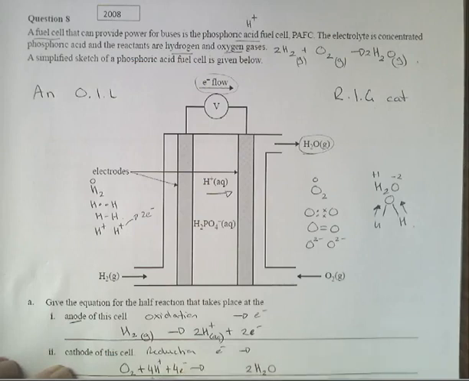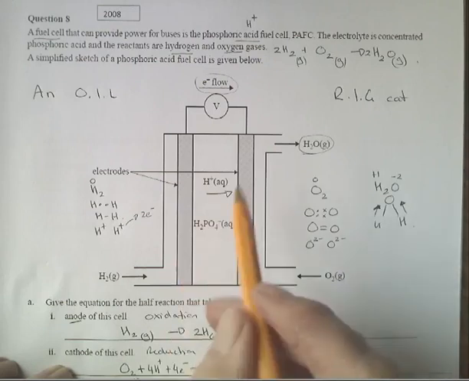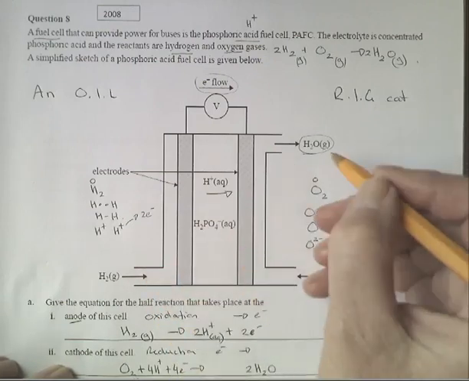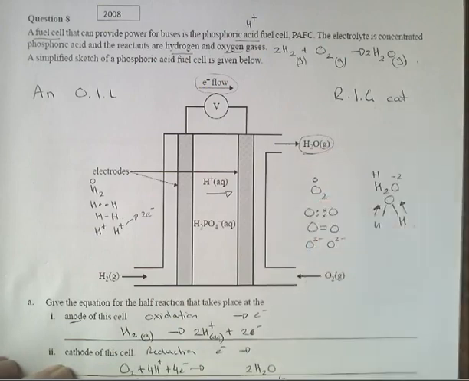Whichever side the hydrogen ions are on, the electrons will be on as well. So 4 positives, 4 negatives balance out. Don't forget your states. So this is a gas. Use whatever is given in the picture. So the water is gas, and the hydrogen ions are aqueous. This is also in your data booklet.